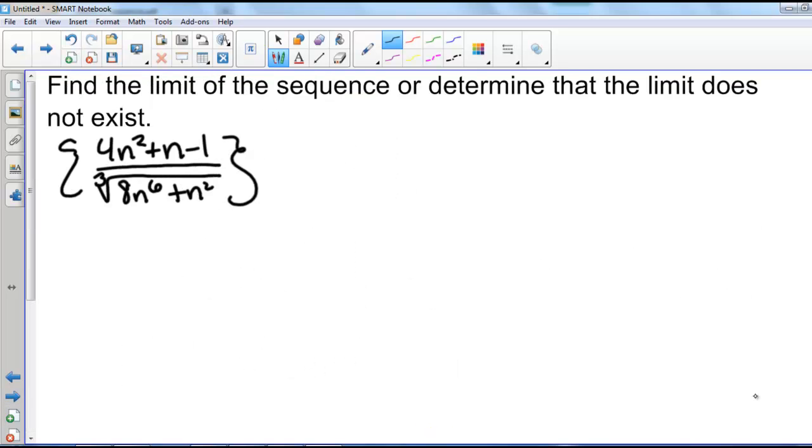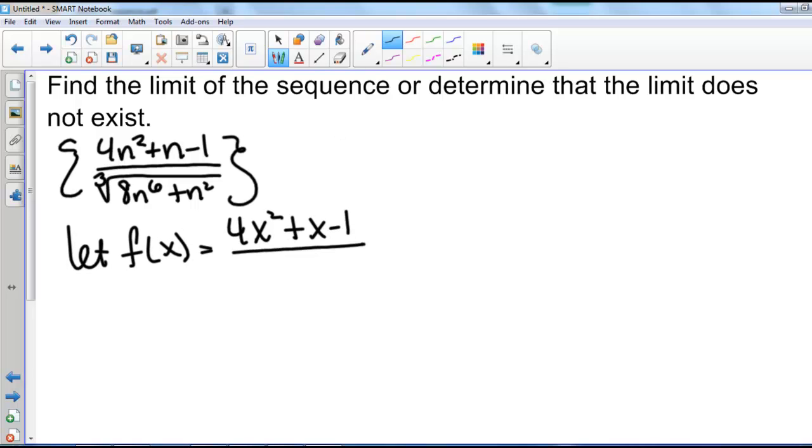Here we have the sequence 4n squared plus n minus 1 over the cubed root of 8n to the 6th plus n squared. So in this one, we're going to let f of x equal 4x squared plus x minus 1 over the cubed root of 8x to the 6th plus x squared.